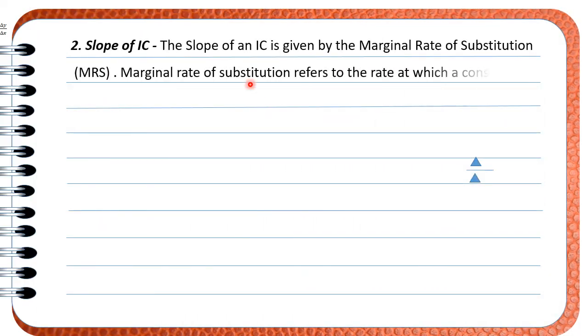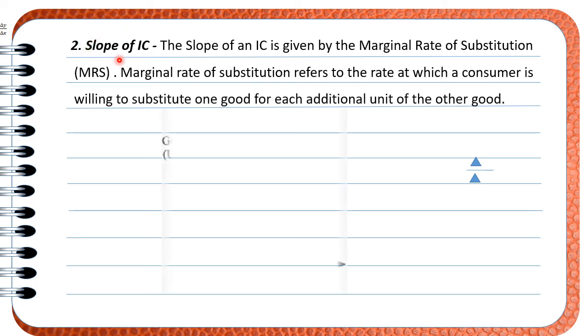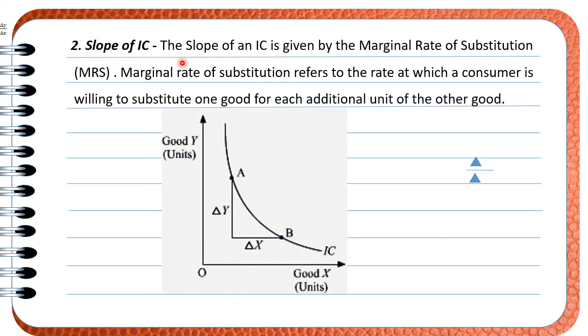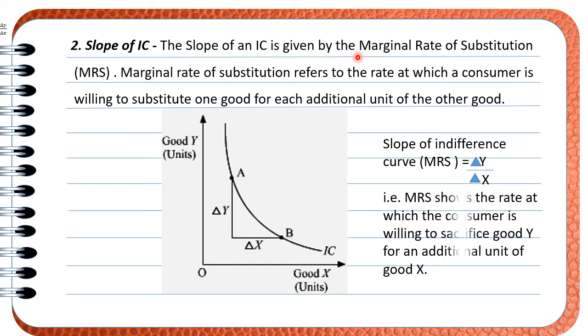Let us discuss another property, that is the slope of the indifference curve. This slope is determined by the marginal rate of substitution. In the production chapter, we saw the marginal rate of transformation. In the consumer chapter, we have the marginal rate of substitution. It means how much of a commodity the consumer is sacrificing in order to increase the consumption of the other commodity.